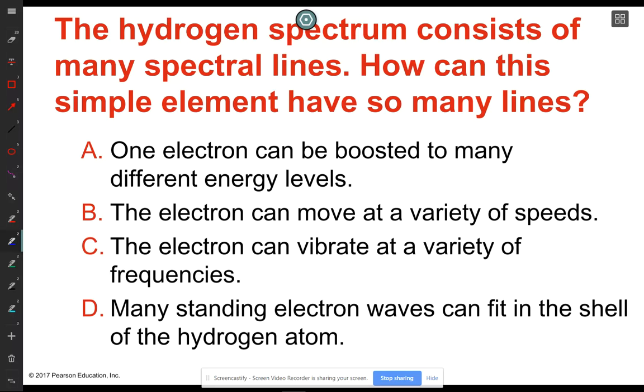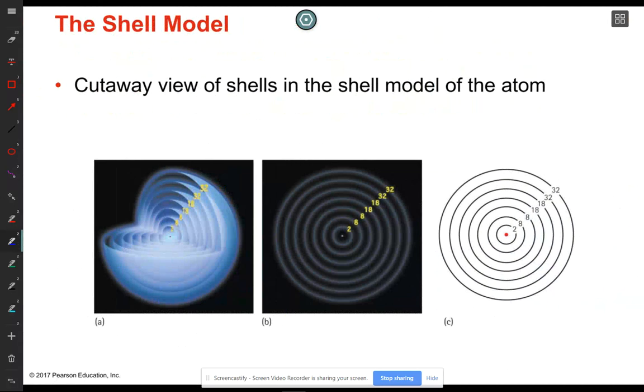If you shine bright light on it, if the light has the right energy, the electron can absorb the light and go up to another energy state. Then it can fall back down to any lower energy state. That's how you can get the different colors, even though there's only one electron. That electron can be raised to a higher state and then fall down to any state below it.